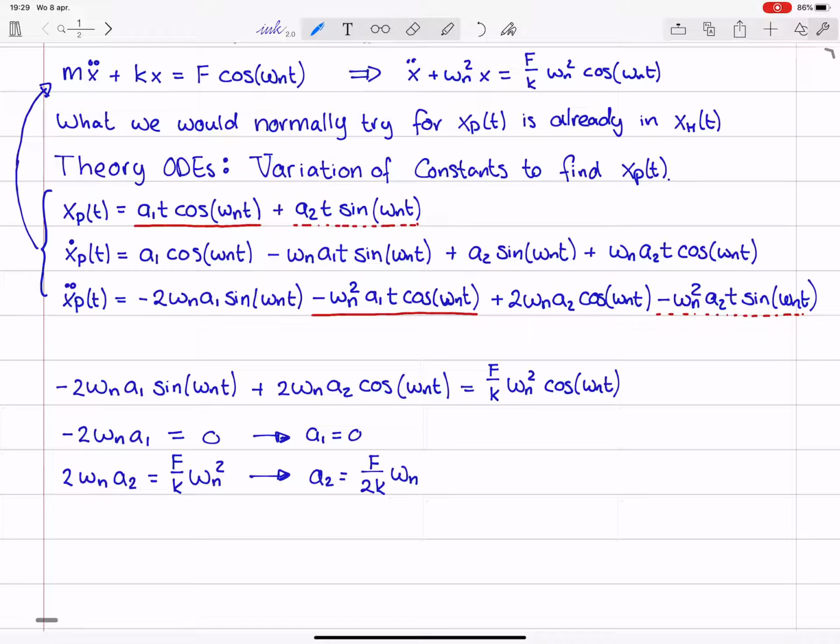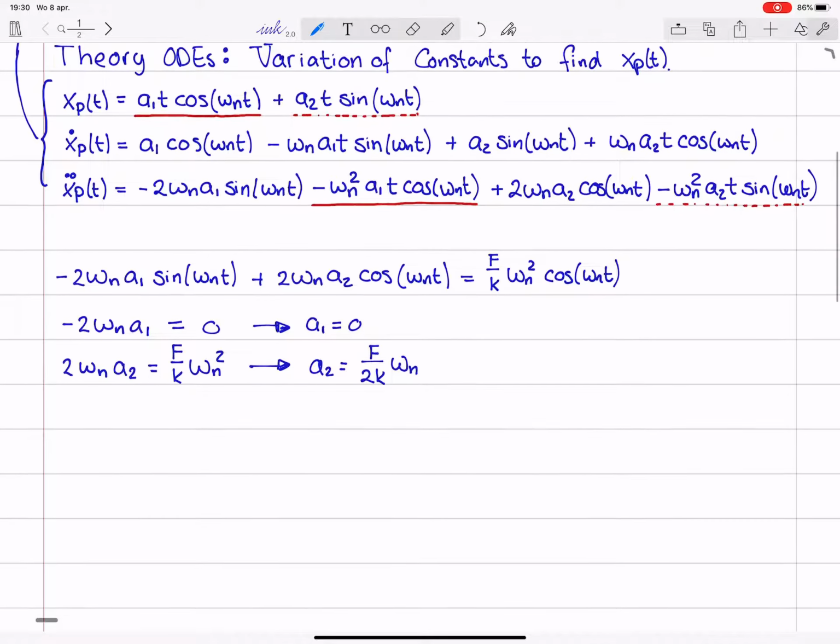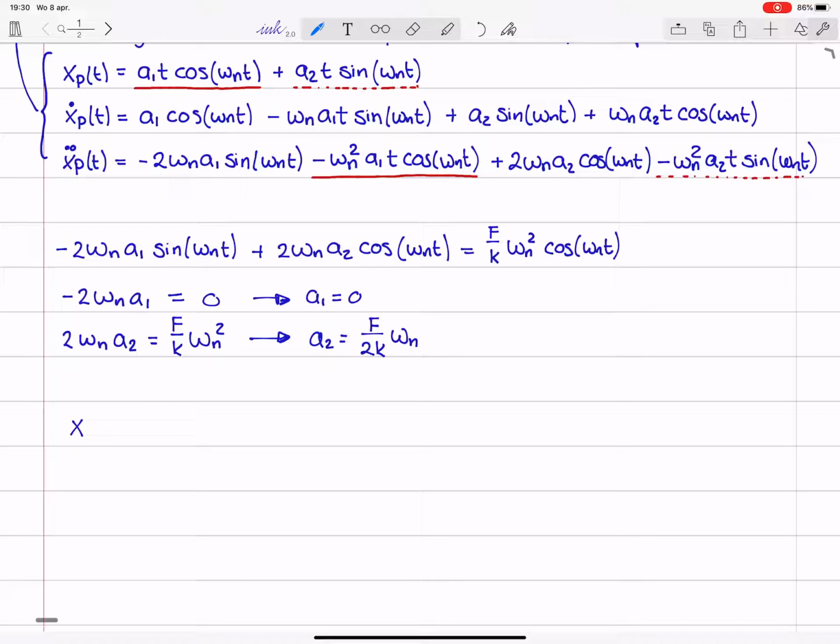So what we saw is that we tried this particular solution that is being multiplied by a factor of t, and indeed upon substitution we see that it works. We can find a1 and a2 for which it is a good solution, hence it is a good try. So that means that the particular solution as a function of time will be f divided by 2k times omega n t times the sine of omega nt.